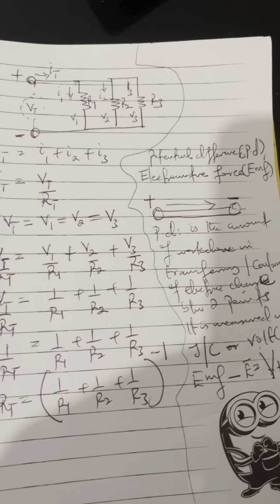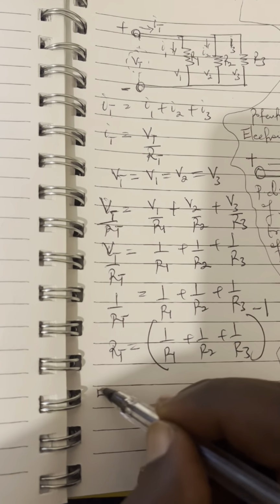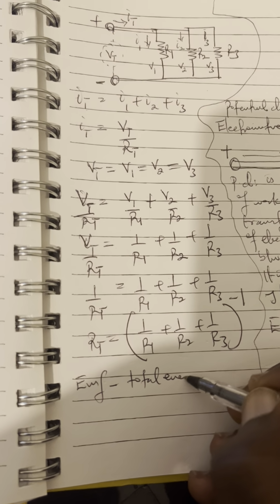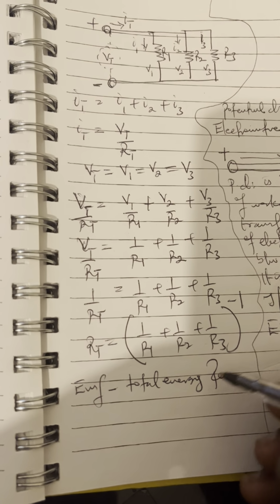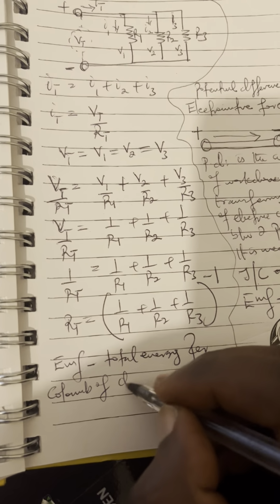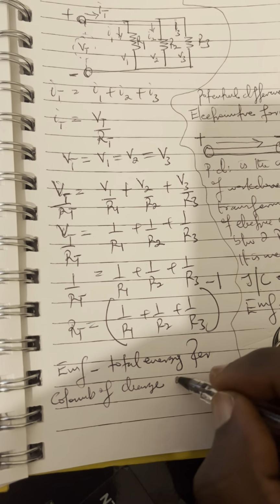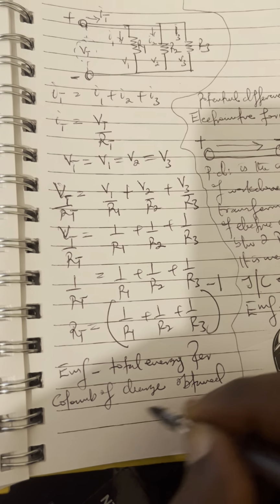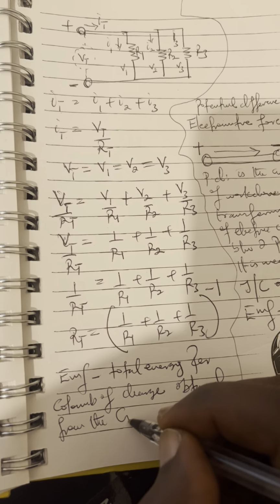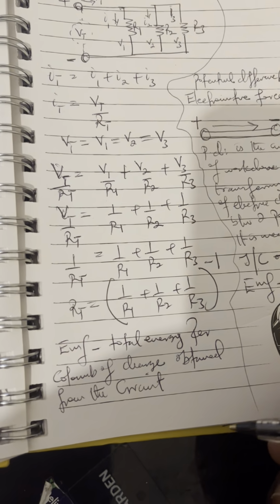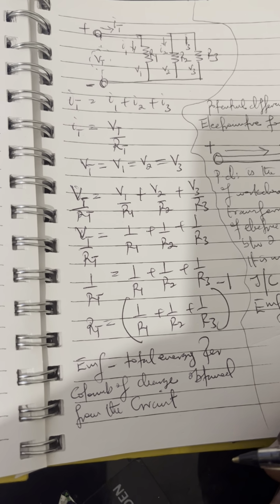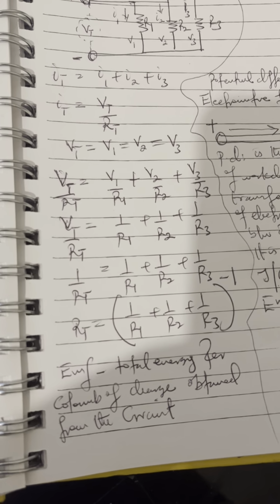Another definition you can give to EMF, let me write it here. EMF is the total energy per coulomb of charge obtained from the cell, from the circuit. It is the total energy per coulomb obtained from the circuit.